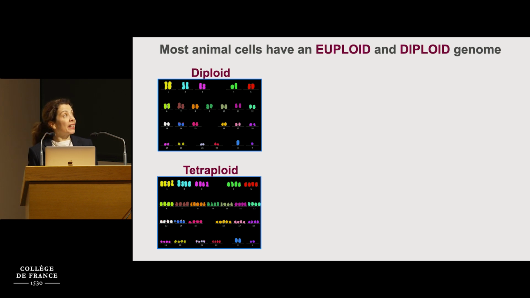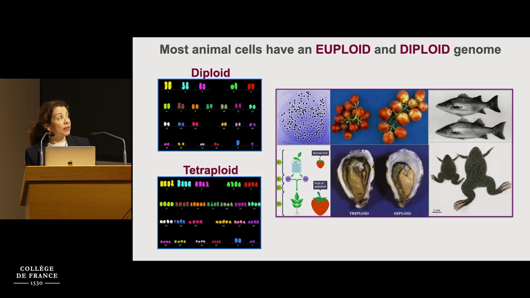This is an interesting concept, because whole genome duplications and polyploidy, when the whole genome is present in more than 2 copies, have been used throughout evolution to generate a few organisms like fish and certain frogs, but also by man, so that tomatoes or strawberries get bigger, and even oysters that you can eat from the French Atlantic coast in the summer. They will most likely be triploid.